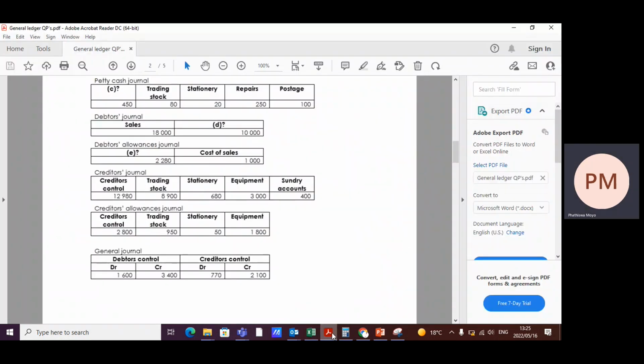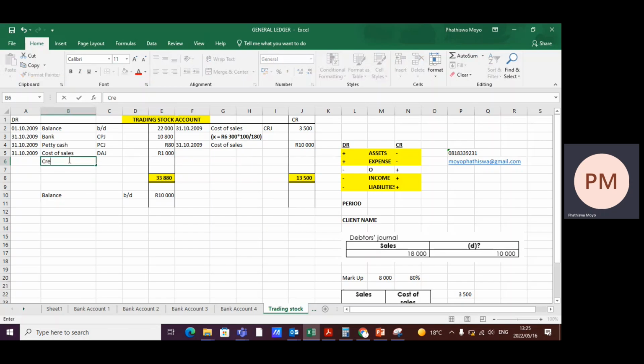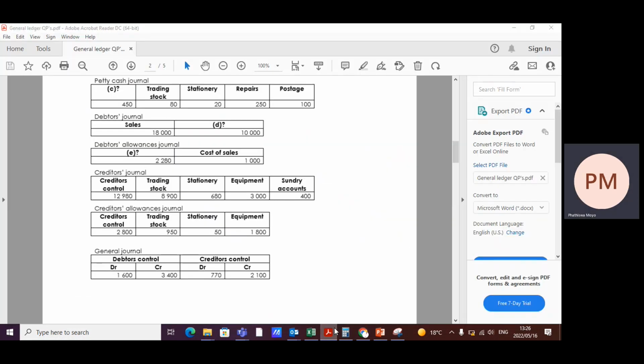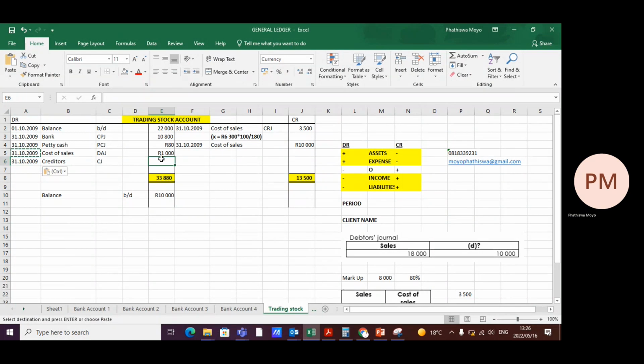Trading stock. This is us now buying stock on credit. So we'll just say creditors, CJ. This is the amount, 8,900.